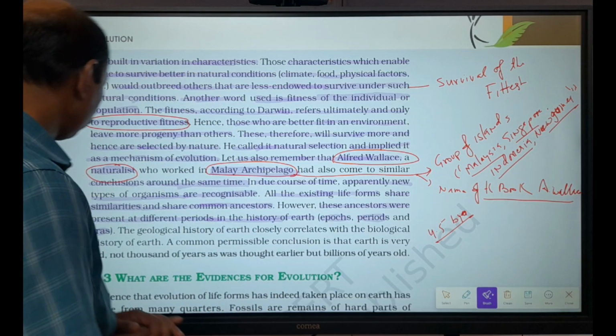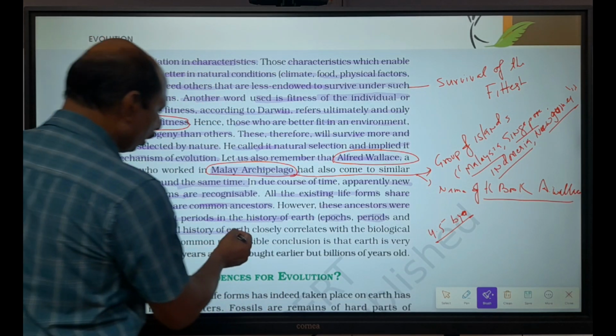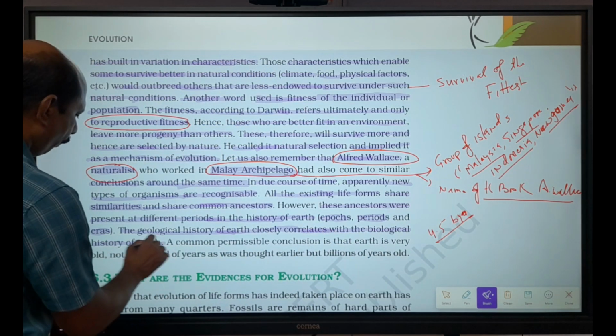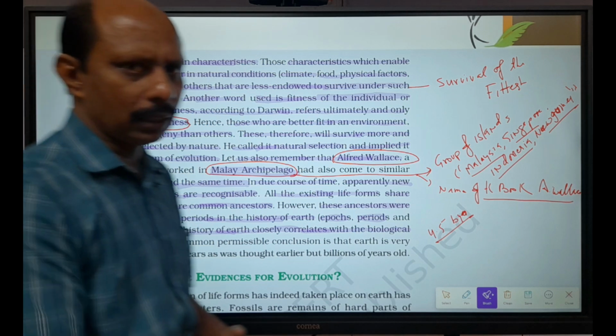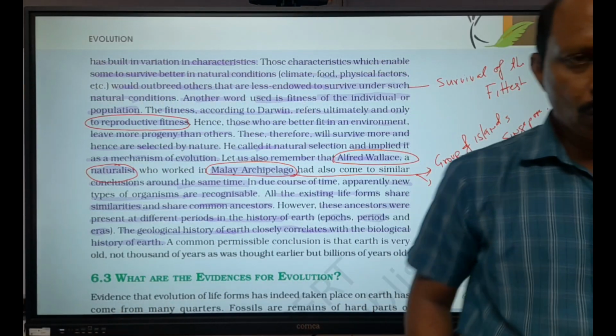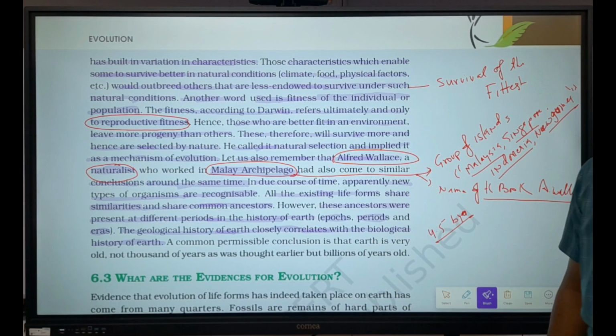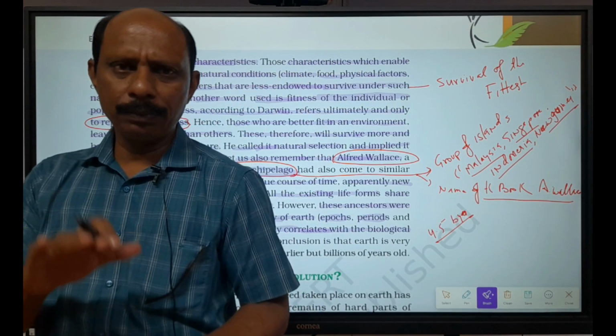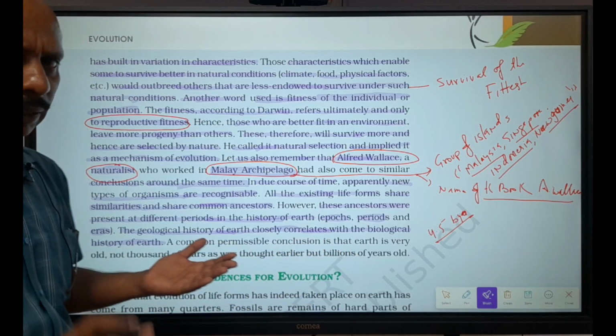The geological history of Earth closely correlates with the biological history of Earth. Geological, that is Earth crust history, is closely related with biological history. We understand that specific rocks, sedimentary rocks, have specific fossils, right?